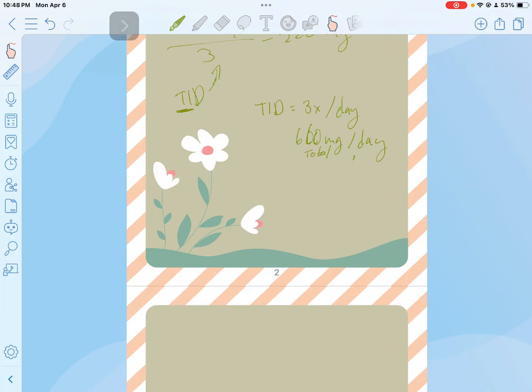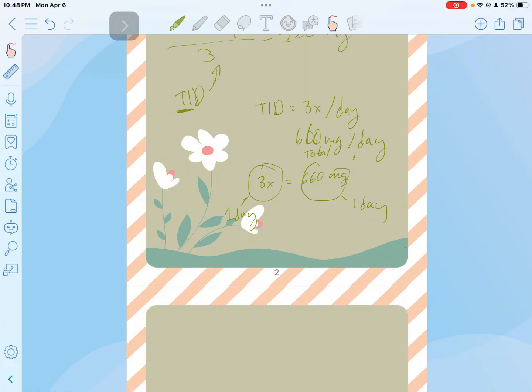So you could just go from there and do 3 times equals 660 mg, because they both are per day. So they both represent 1 day.